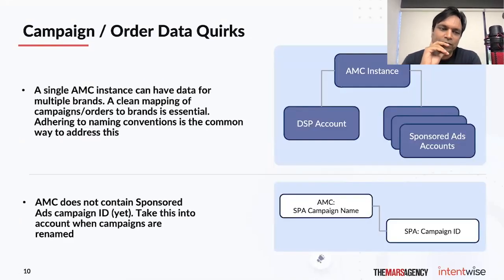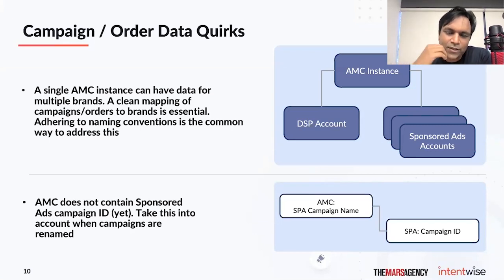This is an interesting one, as you run queries against the data sets where you're looking at campaigns and orders. Certainly, as we work with agencies, we have seen that a single instance of AMC could have a DSP instance and multiple sponsored ads instances all in one AMC instance.